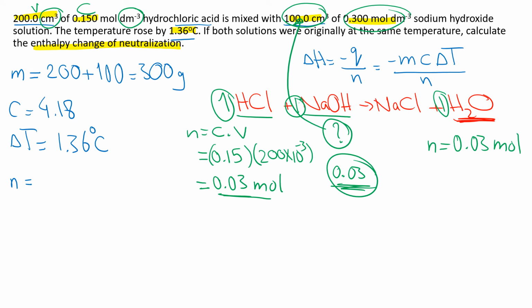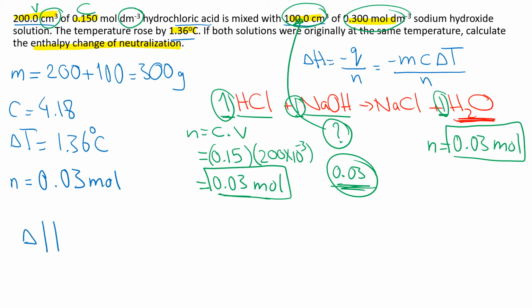But in our problem here, we have the same mole ratio 1 to 1 and the same mole ratio with water 1 to 1. So the number of moles of water is equal to the number of moles of acid or base calculated. So the number of moles here for water is 0.03 moles. Okay, then everything should be clear now.